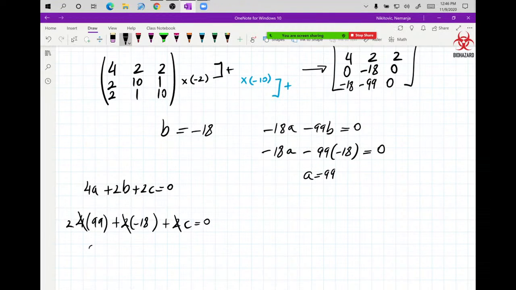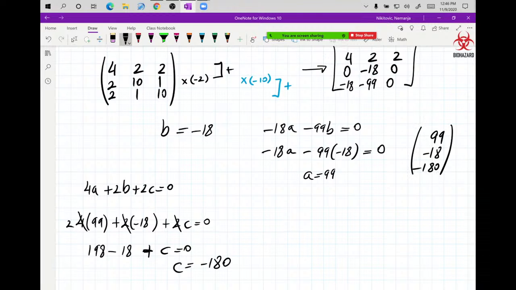And I get 2 times 99, that's 198, minus 18 equals minus C equals to 0. No, plus C equals to 0. So this is 180. So C is -180. So would this work in all equations if I have them as 99, -18, and -180 as a vector?